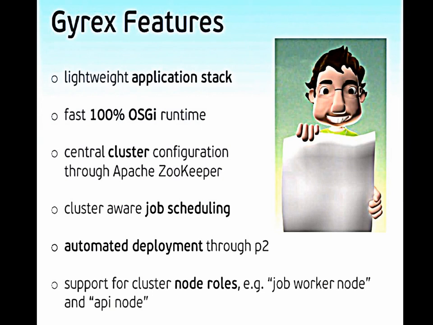I already mentioned the term application stack. That's how I like to describe it. It's really a pure Equinox OSGi runtime. There's no other integration or logic wrapped around. We do cluster configuration using Apache Zookeeper.